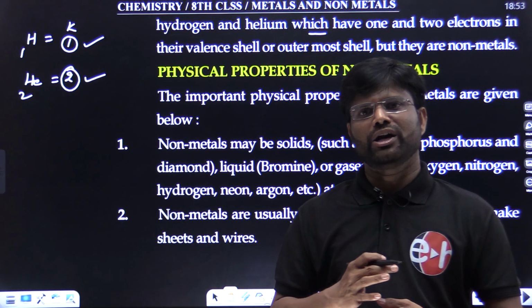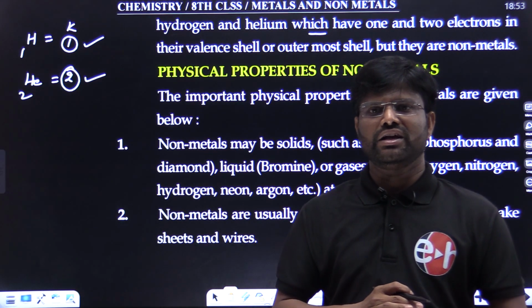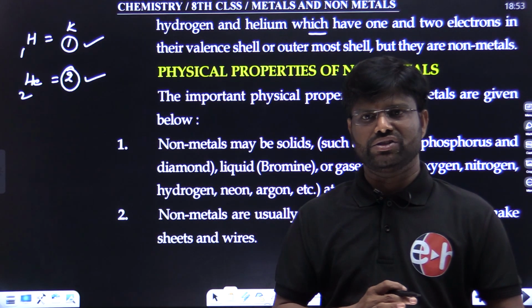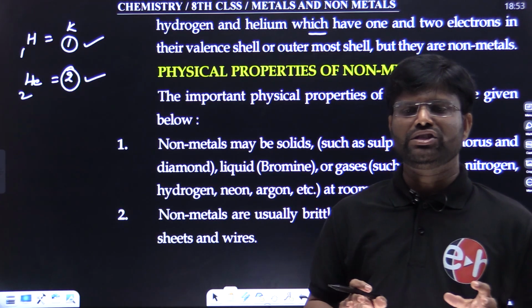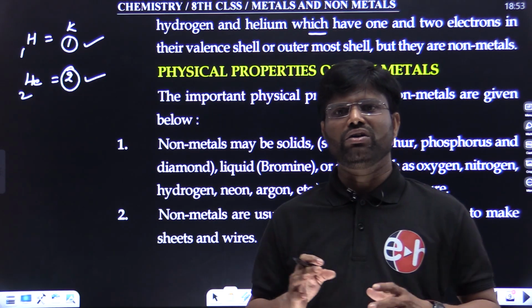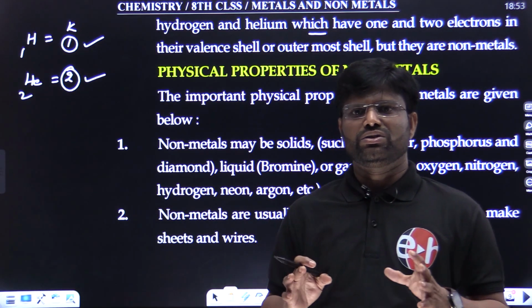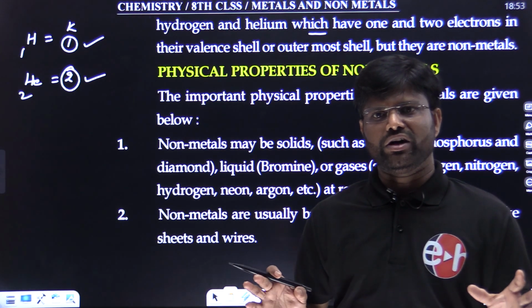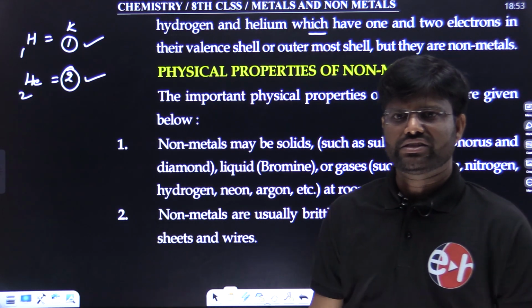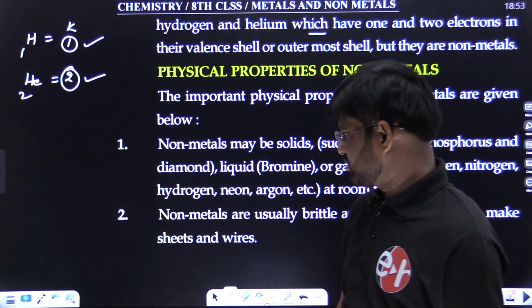They form electronegative elements and they form anions. That is the first definition. Second definition: the elements which don't exhibit all these physical properties are called non-metals.